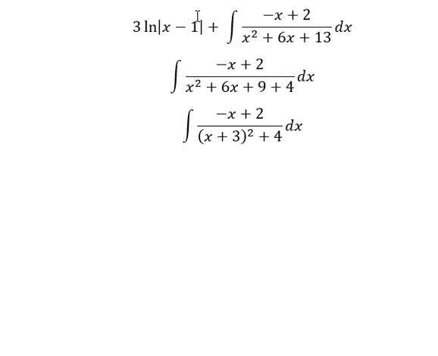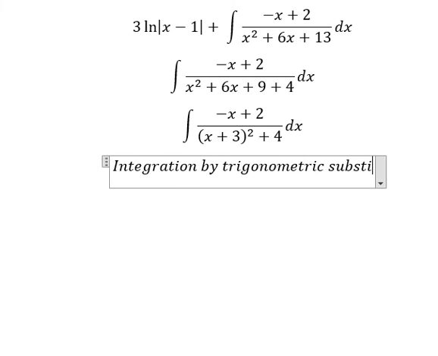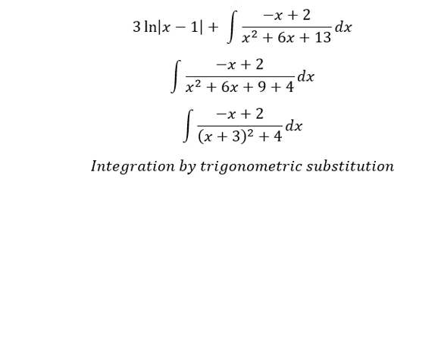Next, we can use integration by trigonometric substitution. So I will put s plus 3 equals 2 tan t. Because we have s, I will put 3 to the right.